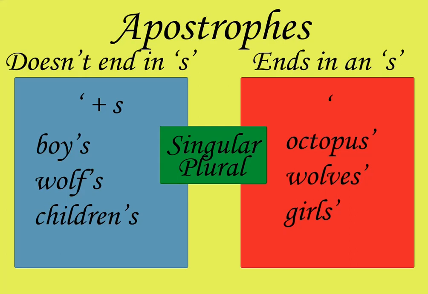So if your word ends in something that isn't S, then you add apostrophe S, as in boy's, wolf's, and children's. And if your word ends in an S, then the apostrophe just comes straight after, as in octopus', wolves', and girls'. And we just have to be mindful of whether we're talking about one thing for the singular or many things for the plural, so that our sentences make sense.